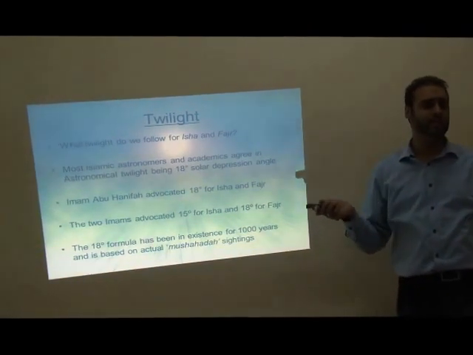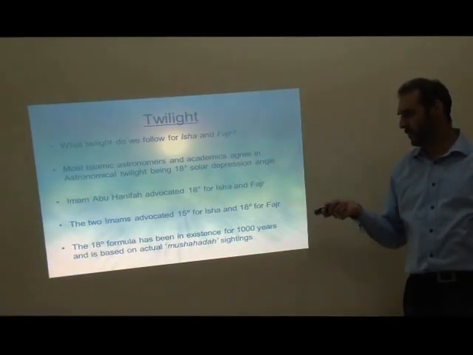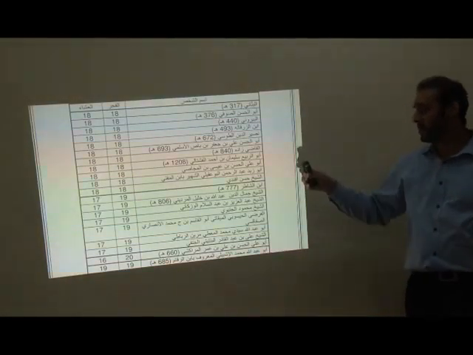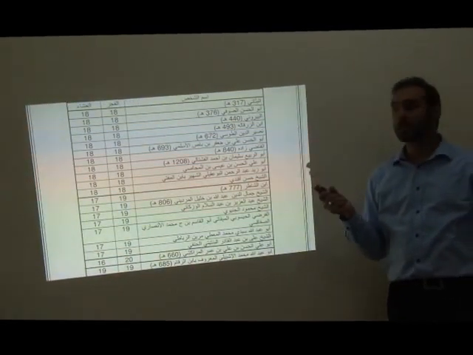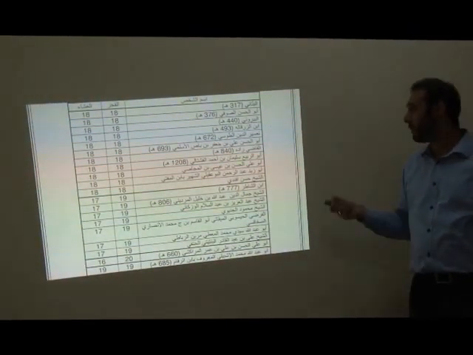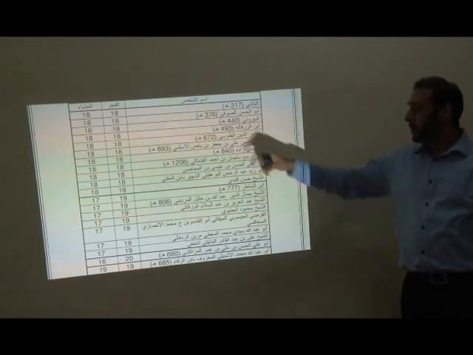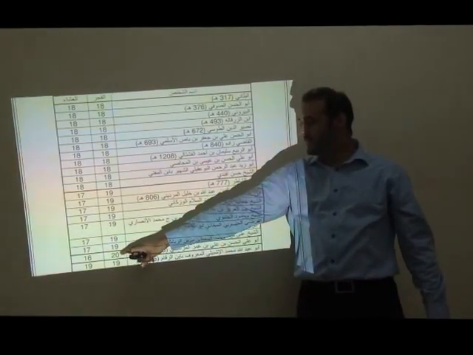It's not something new, it's something that's been in existence for 1,000 years. The ulama in the past used it, our astronomers used it. Here's a chart of all the astronomers, polymaths and academics that advocated 18 degrees and above. Very famous names like Al-Batani, As-Sufi, Biruni. 18 for Fajr, and actually some of them go down to 19 and 20.